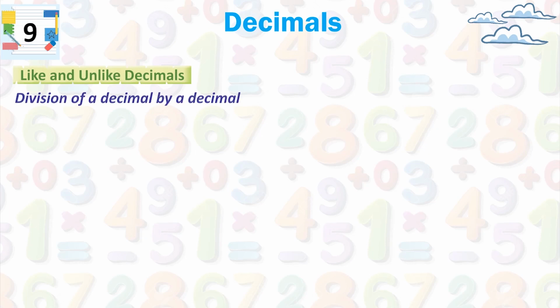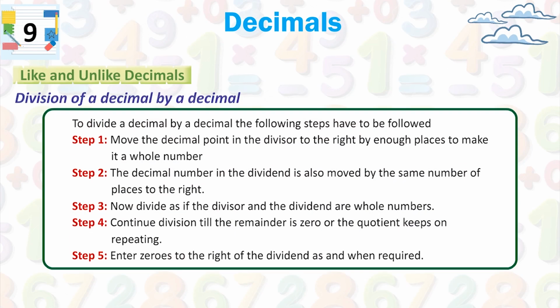Division of a decimal by a decimal. To divide a decimal by a decimal, the following steps have to be followed. Step 1. Move the decimal point in the divisor to the right by enough places to make it a whole number. Step 2. The decimal point in the dividend is also moved by the same number of places to the right.